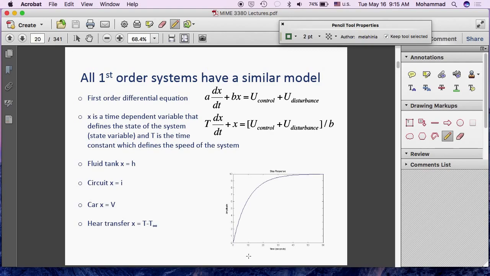If x is your state variable, whether it is the level of the tank or the current, just write it as x. That's a common variable for indicating the state variable. A typical first order system can be written in one of these 2 forms: a constant times x dot plus another constant times x is equal to input.